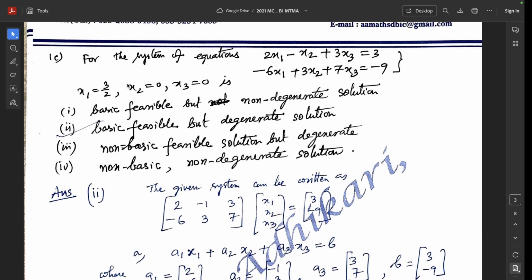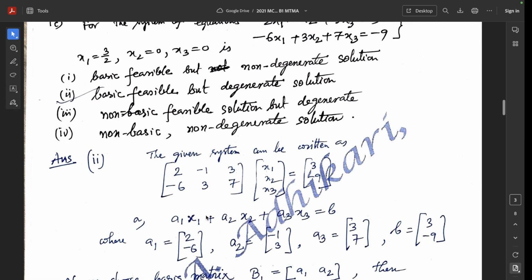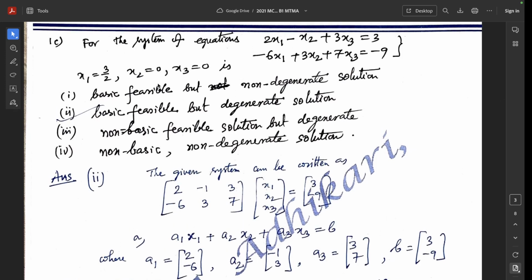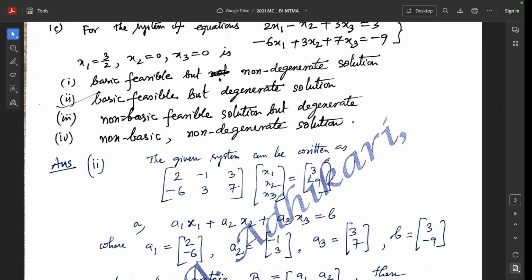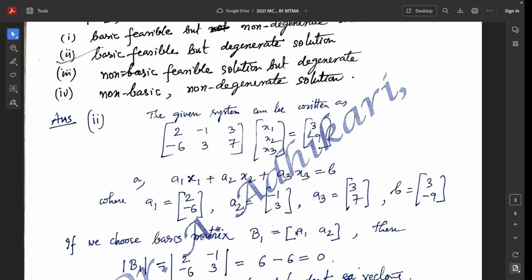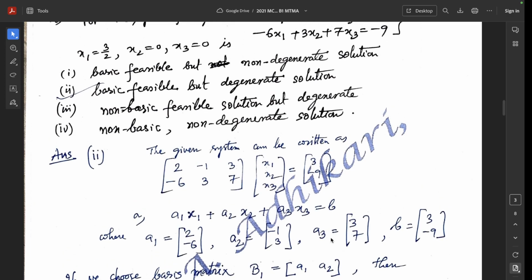Now here the maximum number of linearly independent vectors is 2, because there are 2 rows. If we first choose x3 equal to 0 as the non-basic variable, then x1 and x2 are basic variables, and the basis matrix B1 equals [a1 a2].